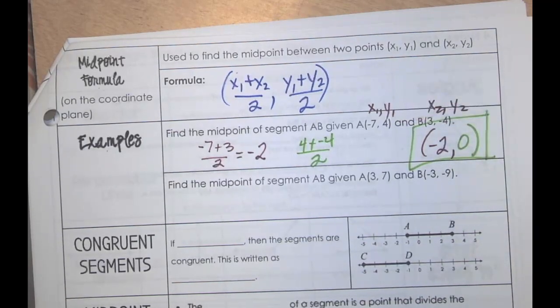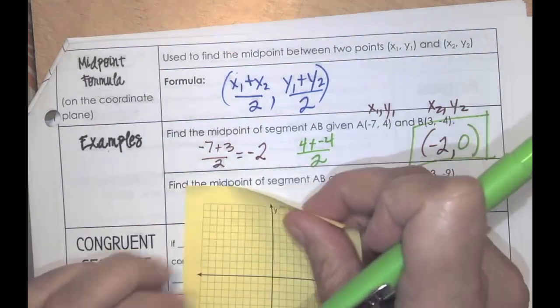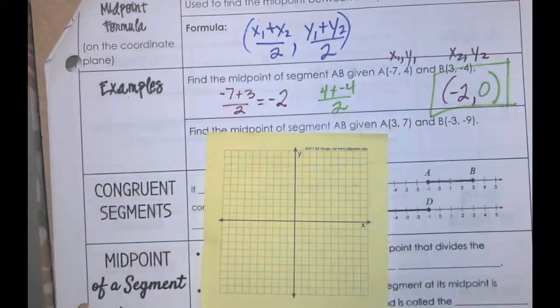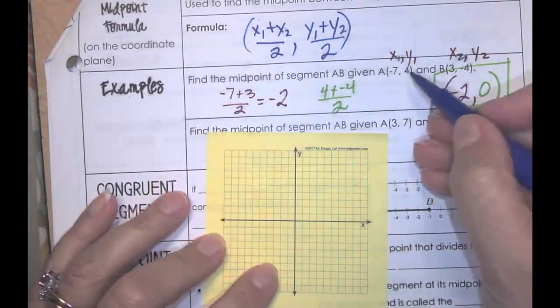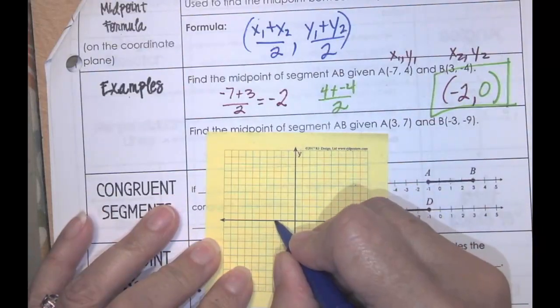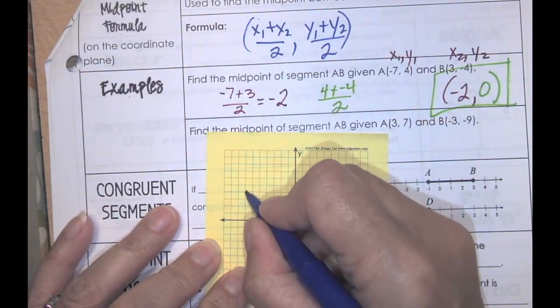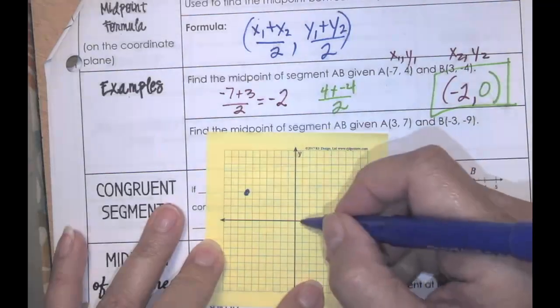So we could have graphed it and counted, but what I want to show you is if I had graphed it, we have the point -7, 4, and then we have the point 3, -4.